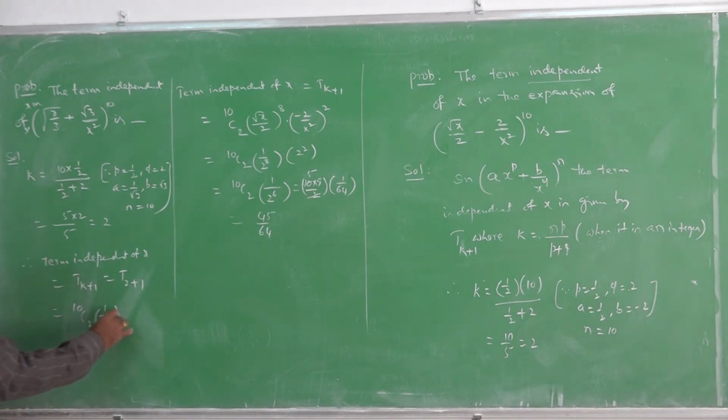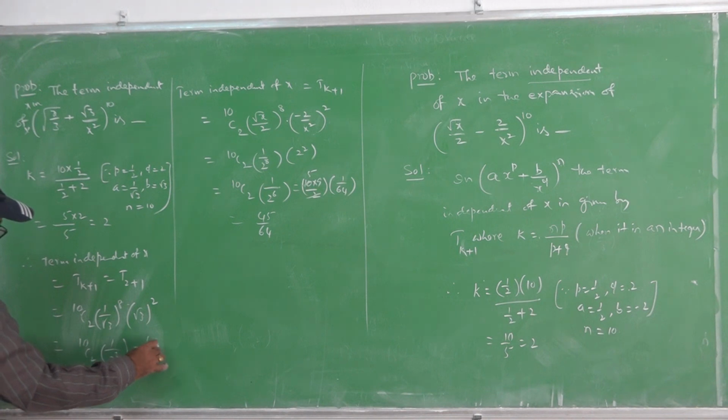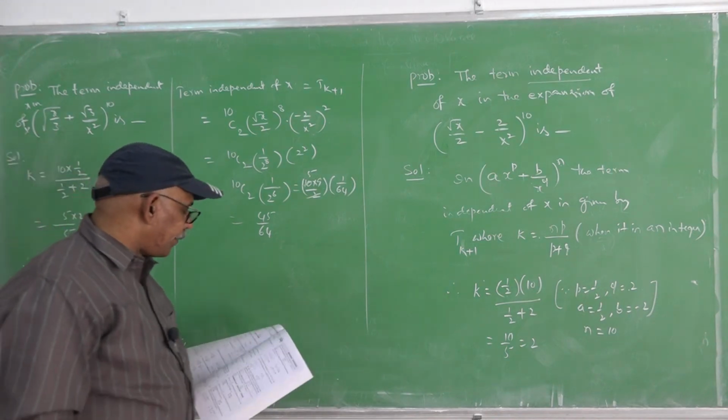So (1 by root 3) whole power 8 times (root 3) whole power 2. This is 3 power 4, this is 3. 3 by 3 power 4, 3 cube. So 10C2 into 1 by 3 cube. 45 by 27, 5 nines, 5 threes, 5 by 3 is the required value.